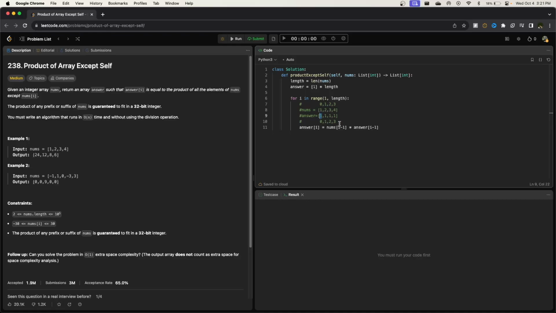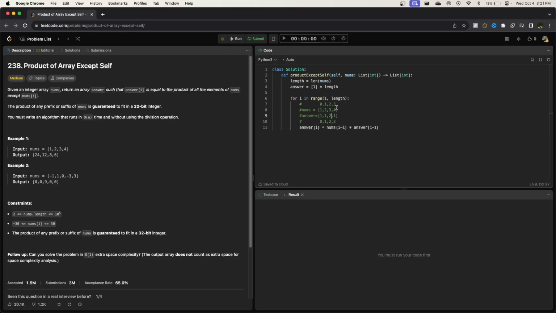Now we go to 2. We iterate again. Since we started at 1, now we're at 2, so we're here. The previous value of 3 is 2, and the previous value in answer is 1. So we do 2 times 1, which is 2, and we set that to 2.